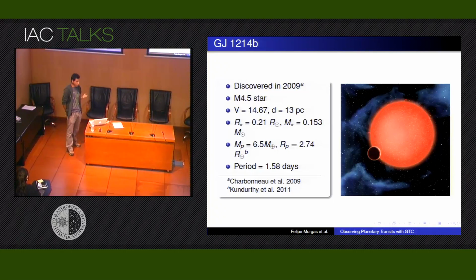It was discovered orbiting around an M-dwarf with a period of 1.5 days. So it's not in the habitable zone, but it's one of the best transiting super Earths that we have now to study.